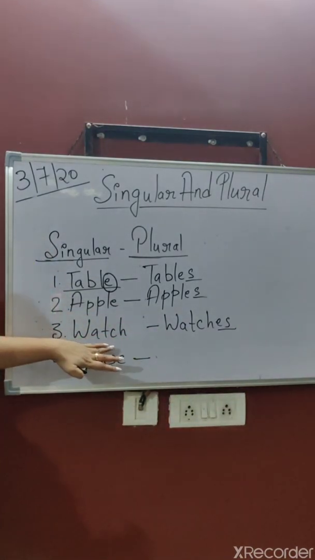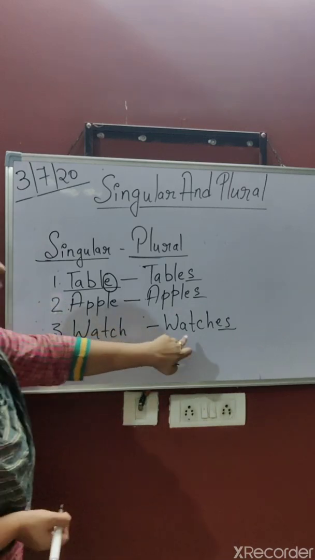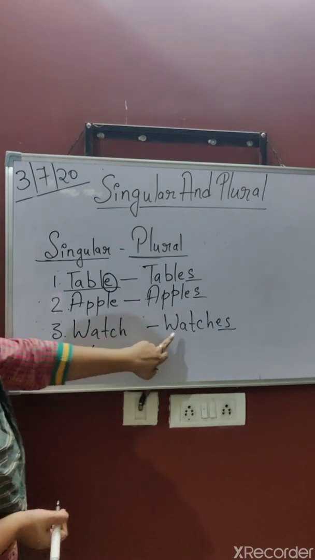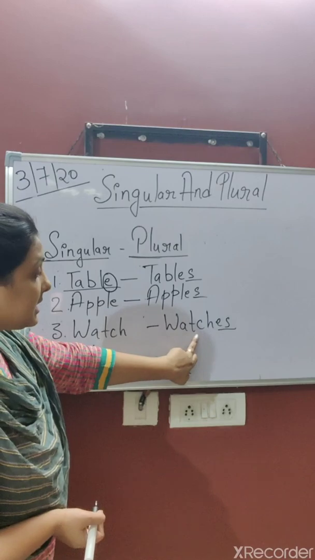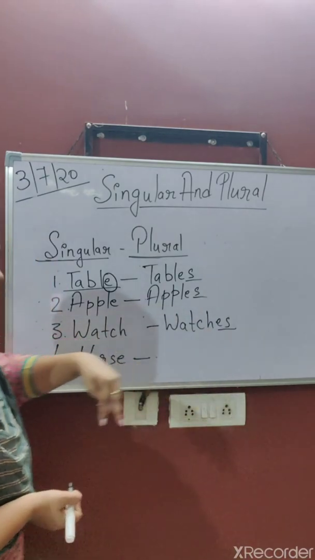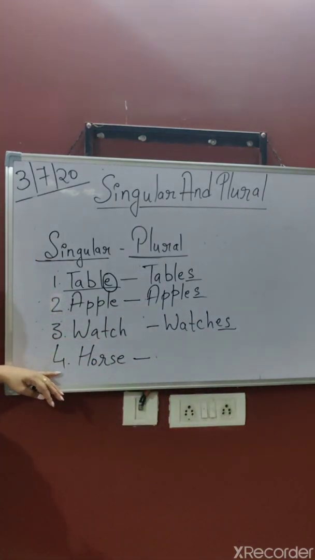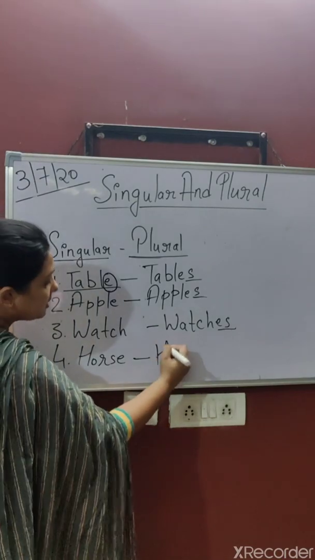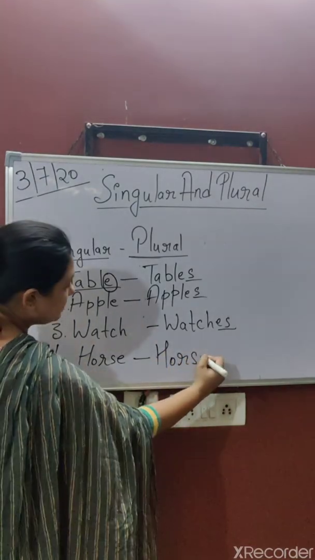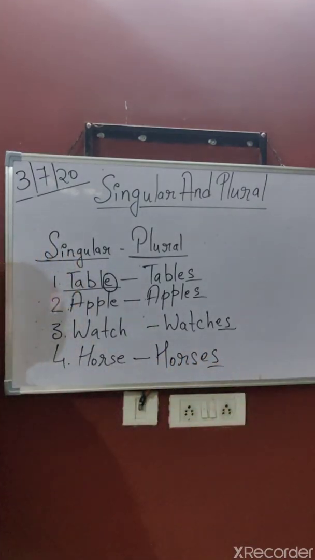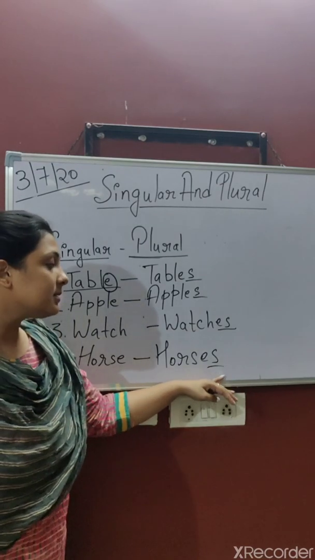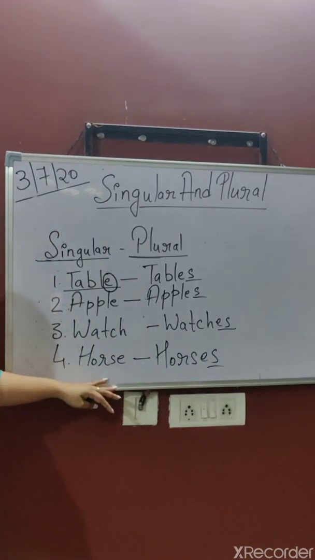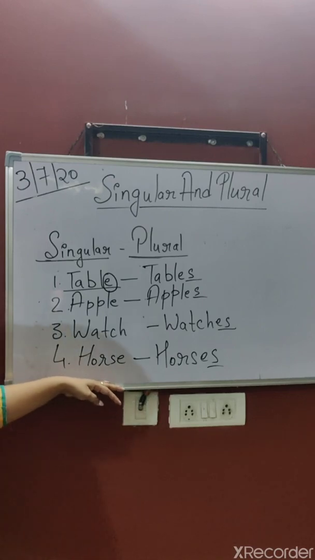So the singular word is watch and the plural form of watch is watches, W-A-T-C-H-E-S. Now the fourth, horse, horses, S-E-S. So we just have to add S into the singular word horse.